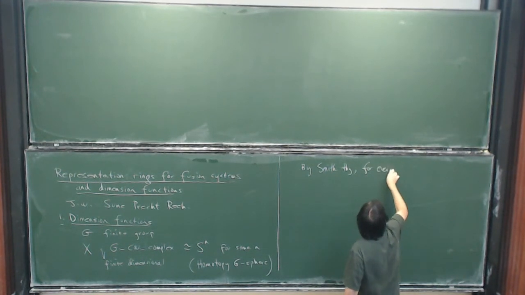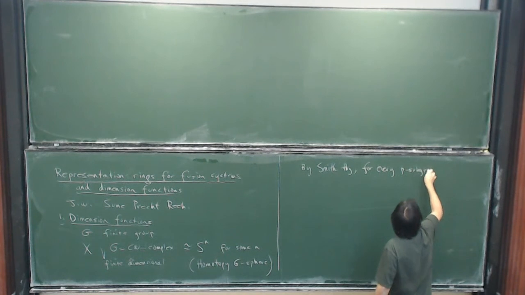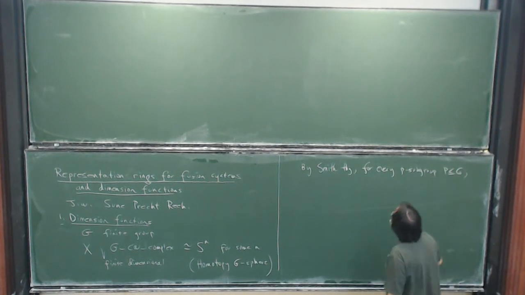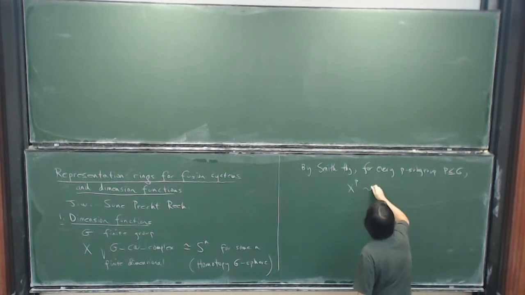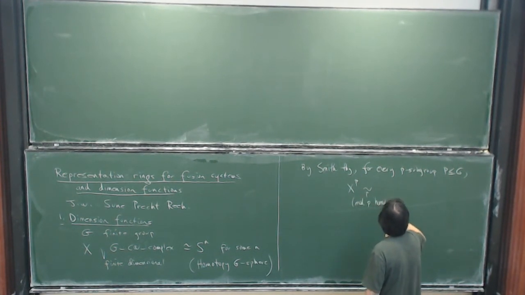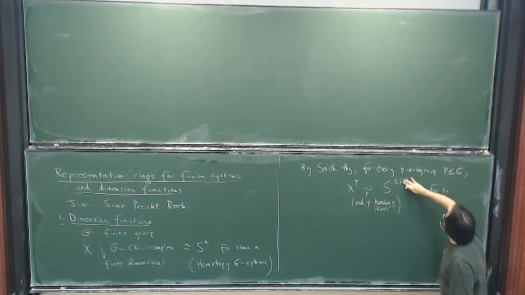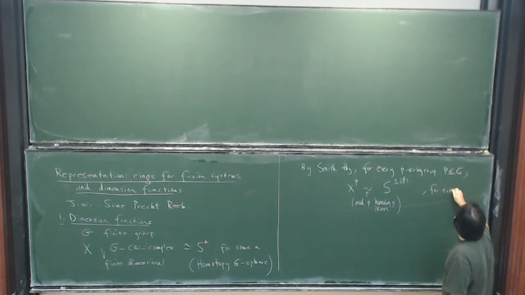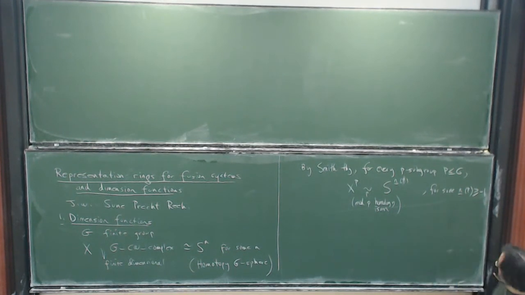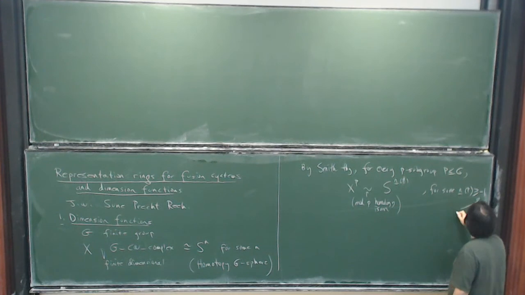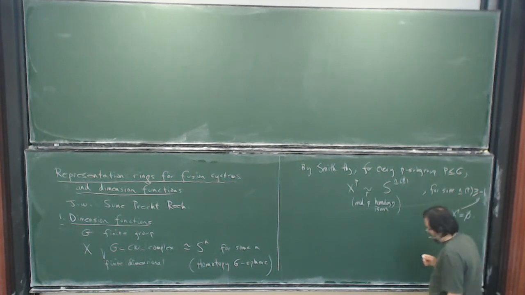For every p-subgroup P in G, if you take the P-fixed points of this G-CW complex, you get a mod p homology isomorphism to a sphere with some dimension n_P. This n_P is some integer bigger than or equal to -1, and -1 always means that the fixed point set is empty.